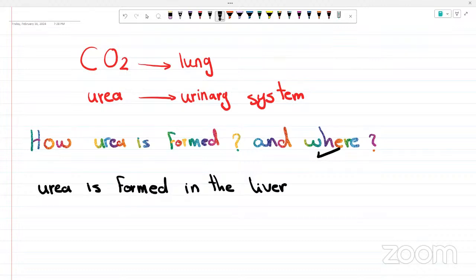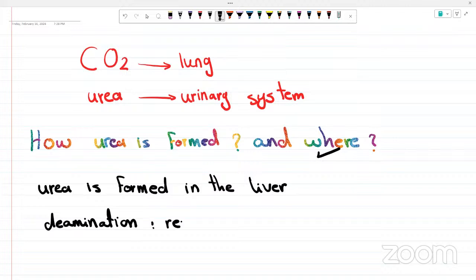So if there is excess amino acid, this amino acid will be deaminated. So there is a process called deamination.